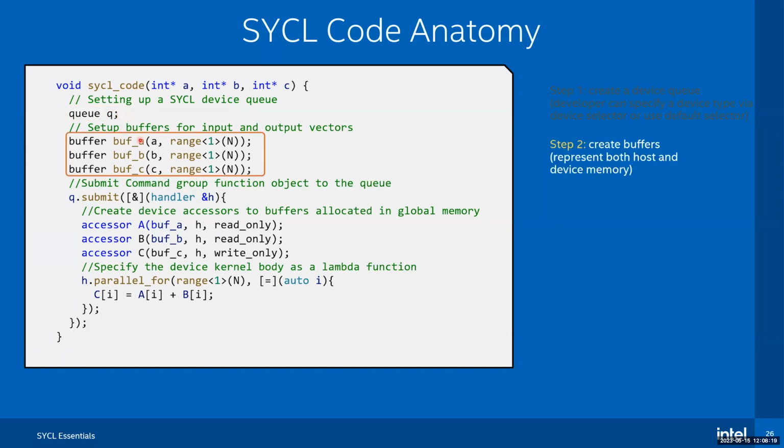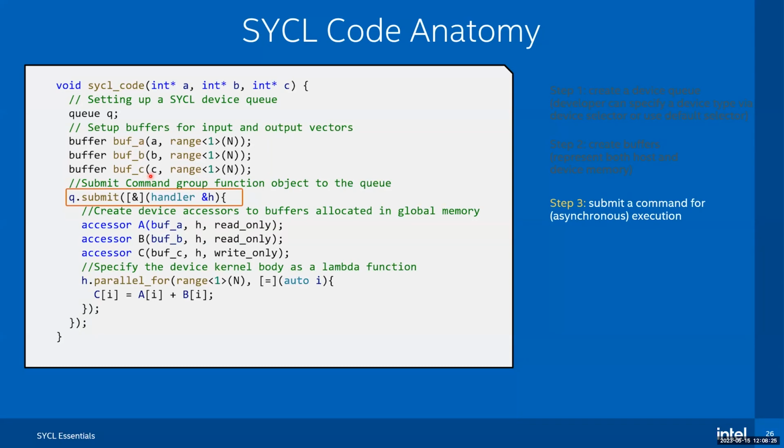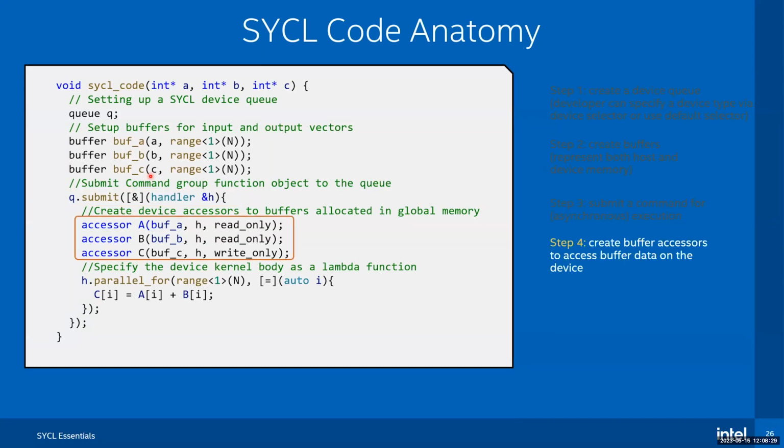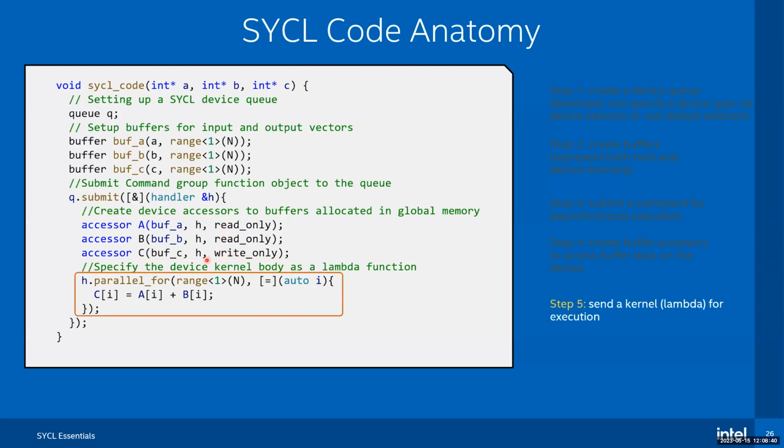Then we create buffers for all the data that we have, A, B, and C. Then we submit the kernel, and inside the kernel, we create accessors. Again, we are doing C equal to A plus B. That's why we've specified C as write only, and A and B as read only. Then we do the computation, which is C equal to A plus B.